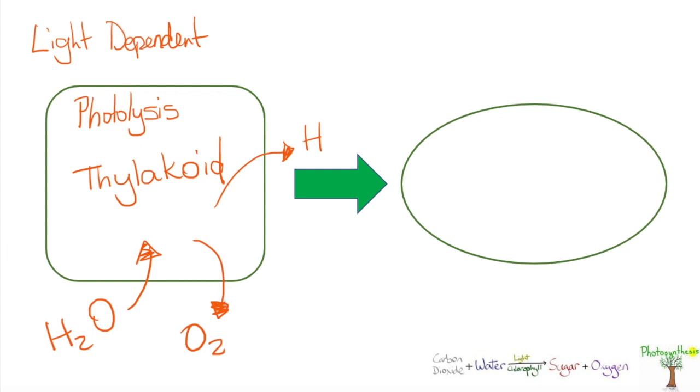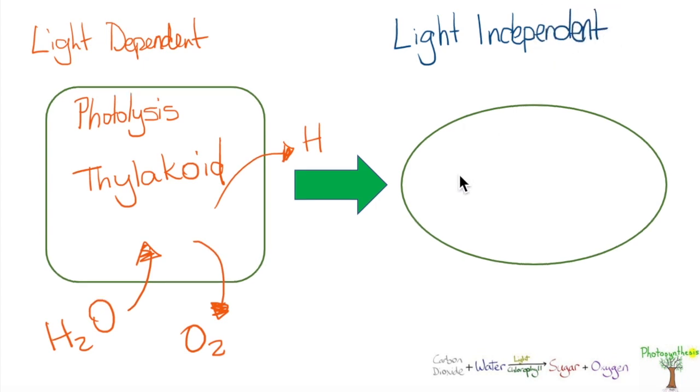The second part of our photosynthesis is the light independent. So it means it doesn't need light, it can happen without light. Doesn't mean it can't happen with light there, it just means it doesn't need it. And this happens in the stroma.